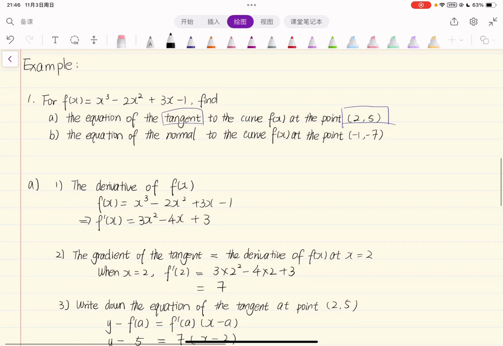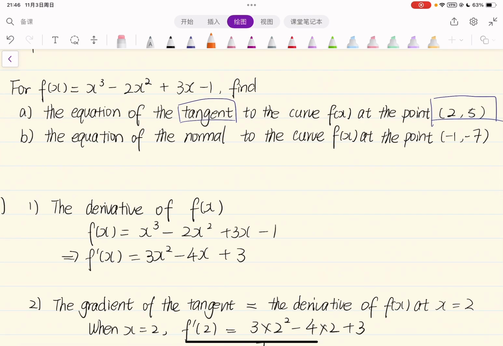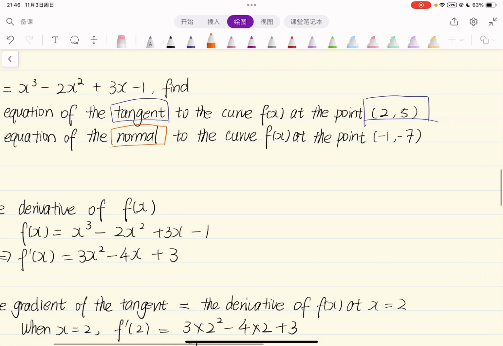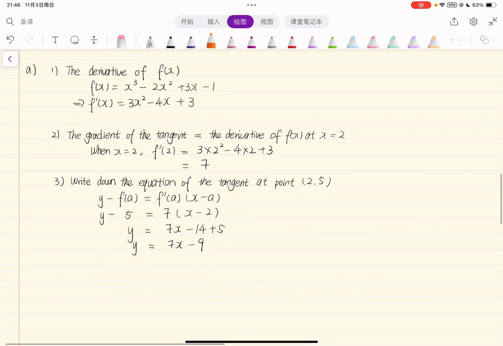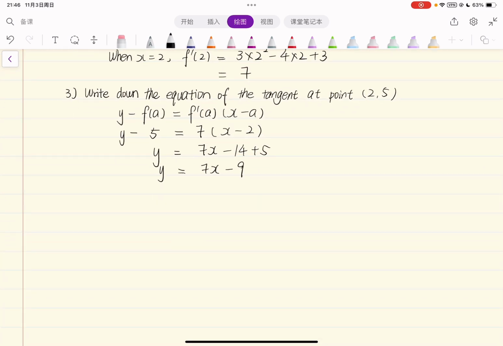Now, part B says that you need to find the equation of the normal to the curve f(x) at the point (-1, -7). So similarly, we need to find the derivative of f(x) at first. The derivative of f(x) is what we have found in part A. So we can write down f dash x equals 3x squared minus 4x plus 3.